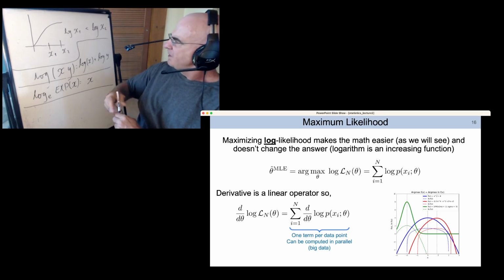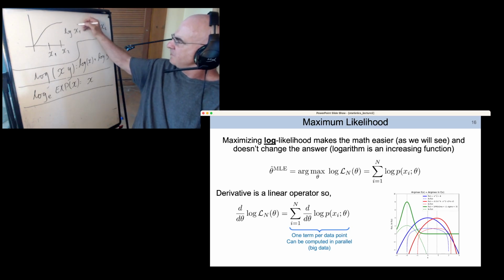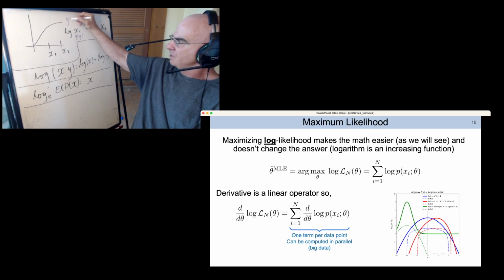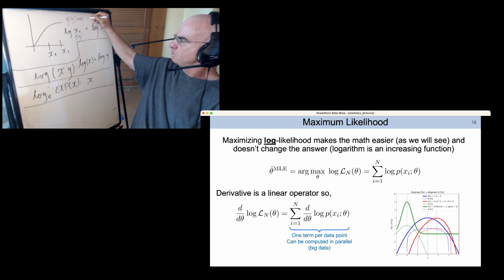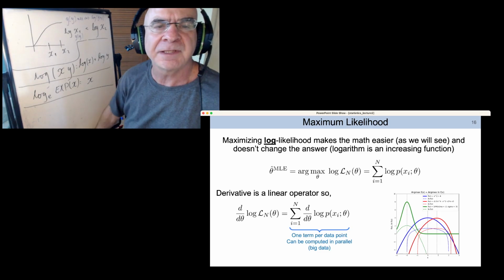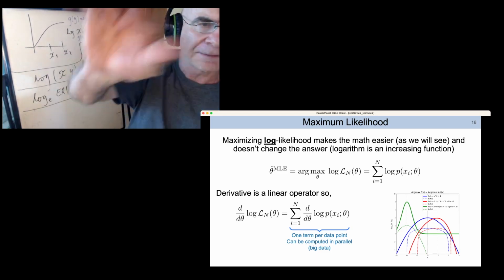It means that if I have some other function g of, say, y, and I'm looking for the point where g of y is a maximum, then g of y is max if and only if log of g of y is max. The point that brings the maximum to the first also brings the maximum to the second.